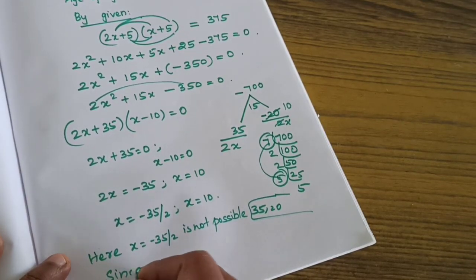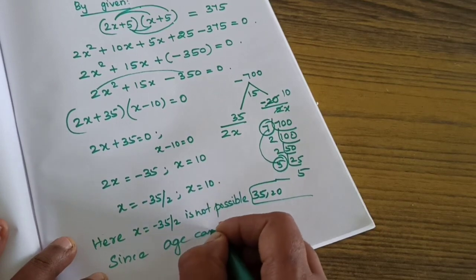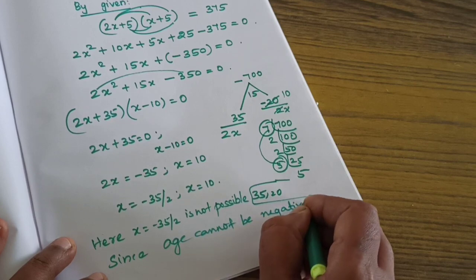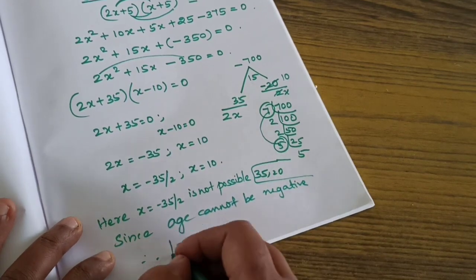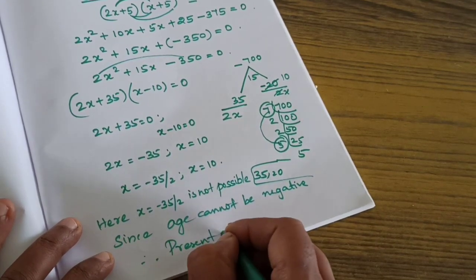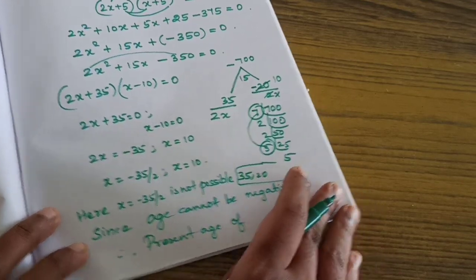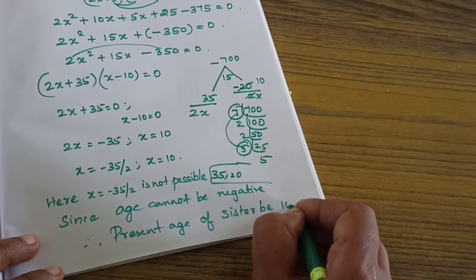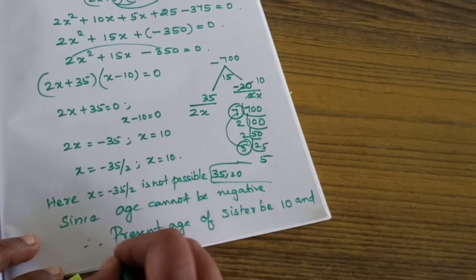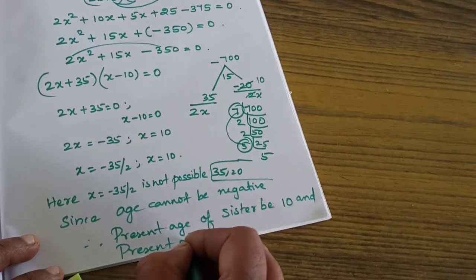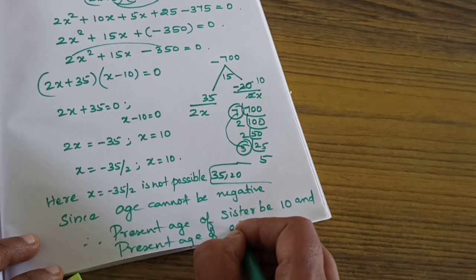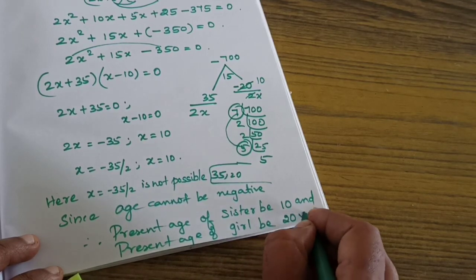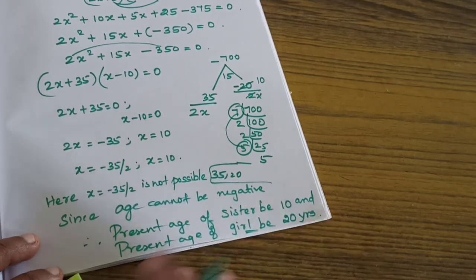Since age cannot be negative, therefore the present age of the sister is 10 and the present age of the girl is twice, no? 20 years. That's all.